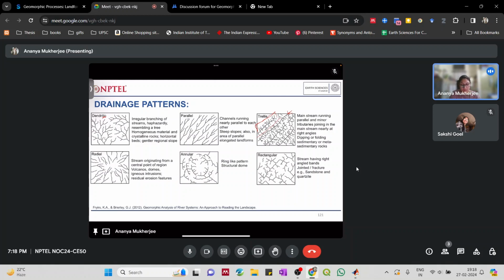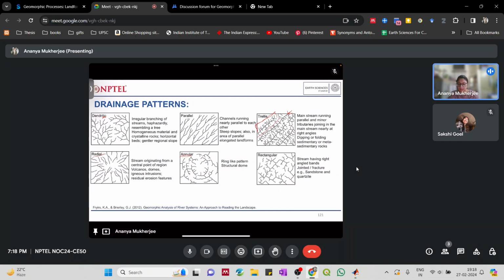Then you have two kinds of circular pattern of drainage basin. The first one is the annular. If there is a dome that has been formed, and some kind of circular fracture patterns surrounding that area, you can have an annular drainage pattern.